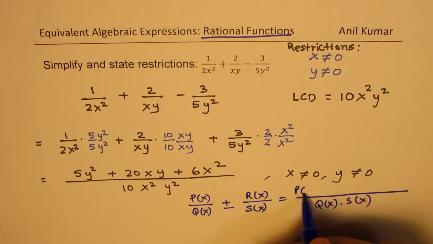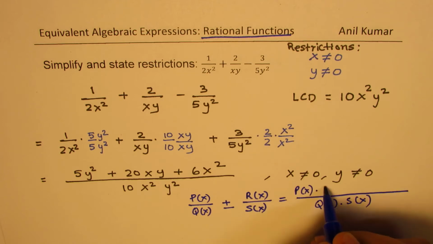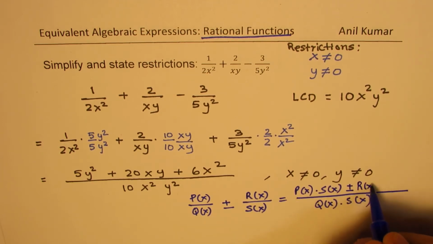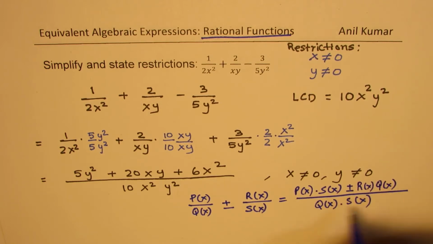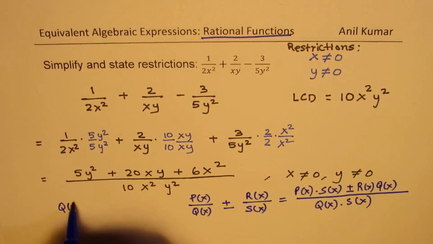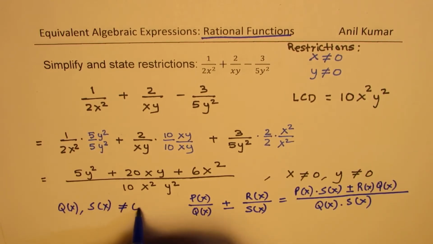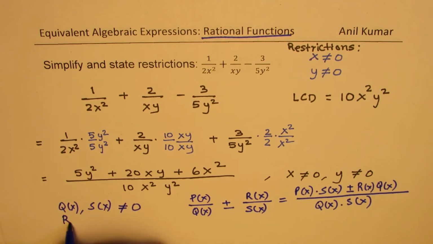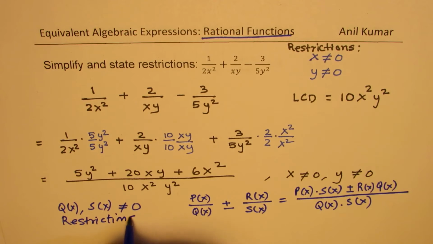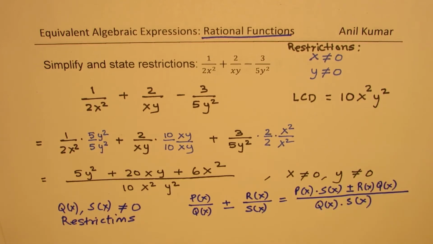And then we could write this as px times sx plus or minus rx times qx, right? So that in general is to be done. And note here that qx and sx should not be equal to 0, and that leads to restrictions. Is that clear? So that is a general rule.